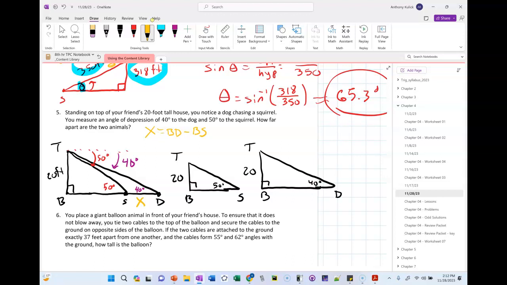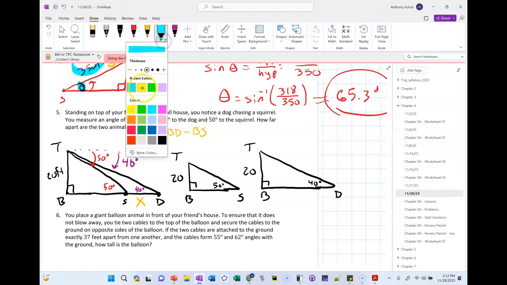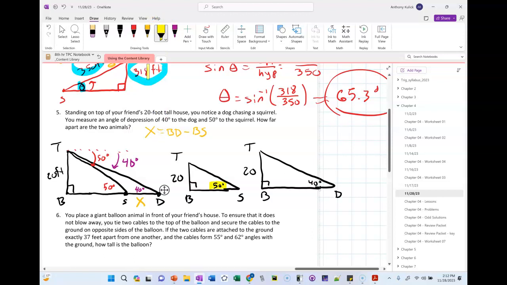So far, so good? B is the bottom of the house, T for the top of the house. I needed a letter so that I could label the triangles in a way that allowed me to talk about them. Well, if I look at the first triangle, relative to the 50 degrees, the side I know is opposite, adjacent, or hypotenuse?